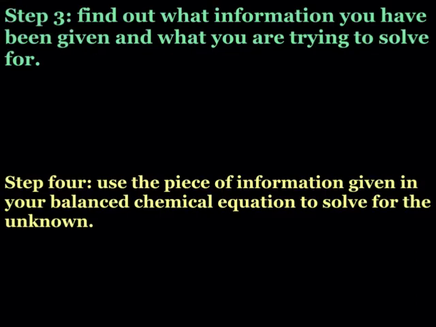Step 3 is to find out what information you have been given and what you are trying to solve for. Chances are you've read the question, you've probably already done this. In fact, I recommend as you read the question to highlight or write down pieces of information that are likely going to help you solve the question.